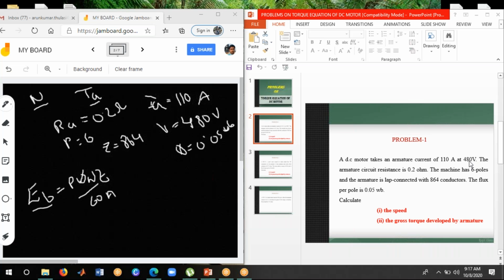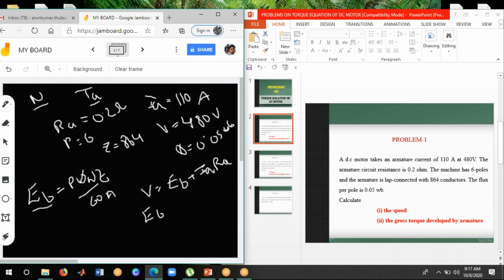So here the voltage is 480 volts. Now we need to find the EB value. What is the voltage equation for the motor? The input voltage V is equal to the EMF, that is the output voltage, plus IaRa. From this equation, find the EB value.